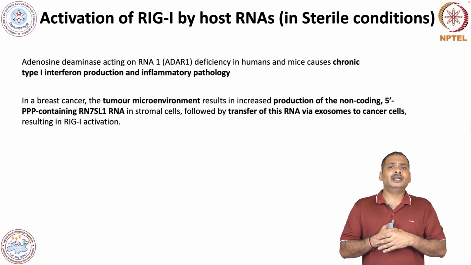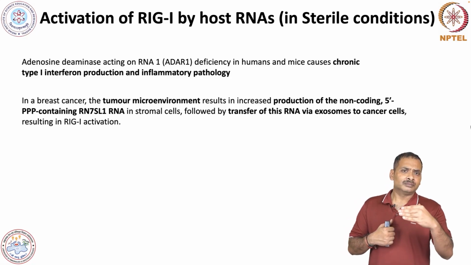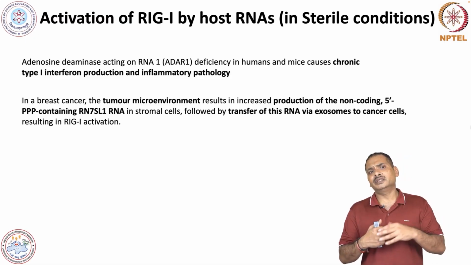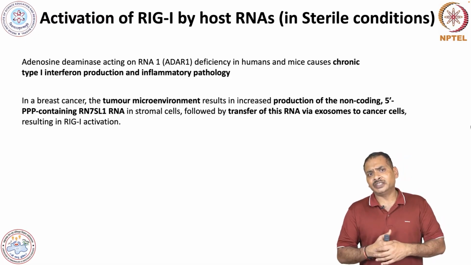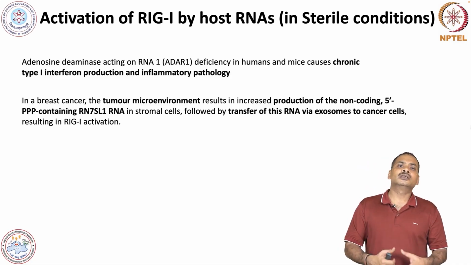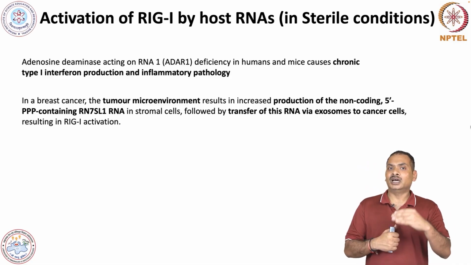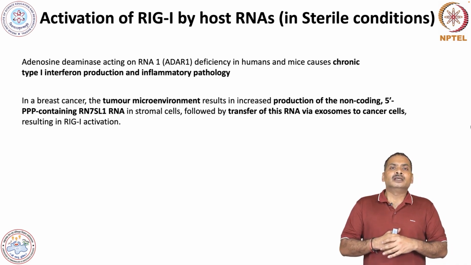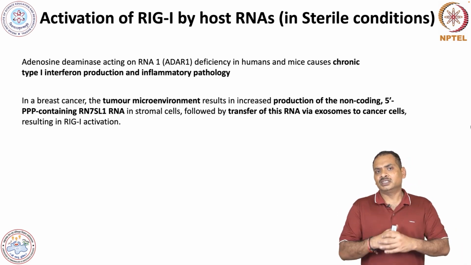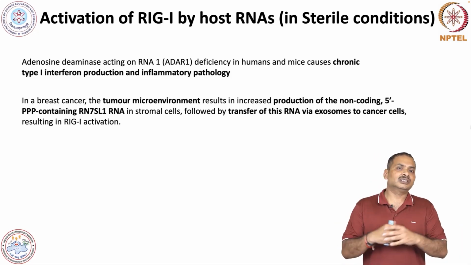You also learned that the RIG-I or RLR pathway is not only activated during virus infection, it is also activated by the host. Various RNA species can activate this RLR pathway. In this field RIG-I is quite extensively studied, but MDA5 was not that extensively studied. This is just for your note.